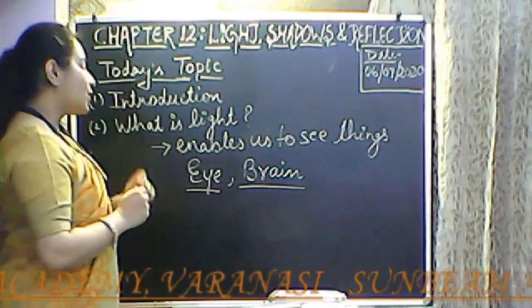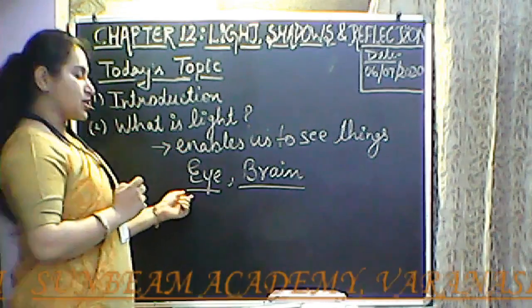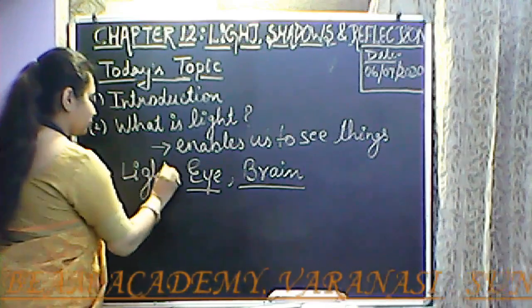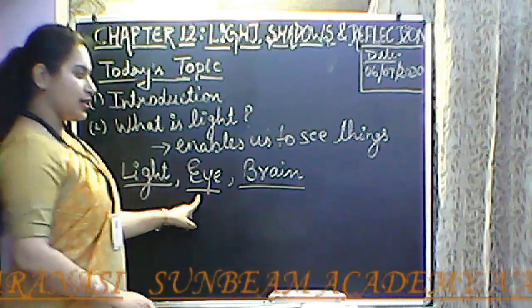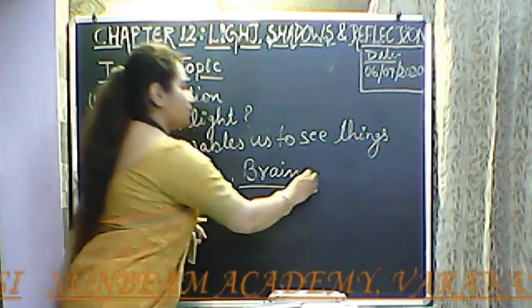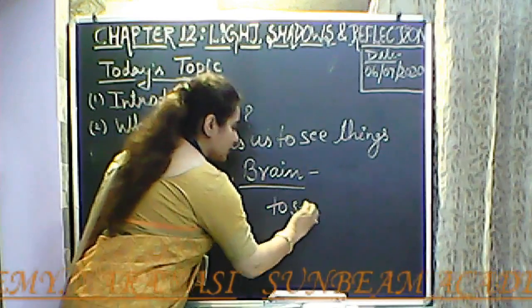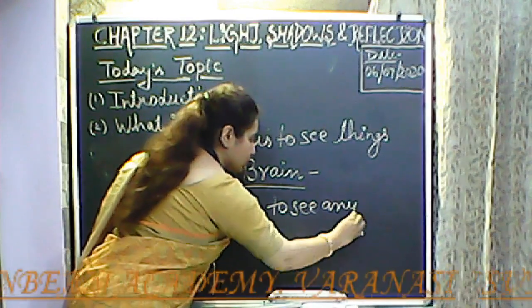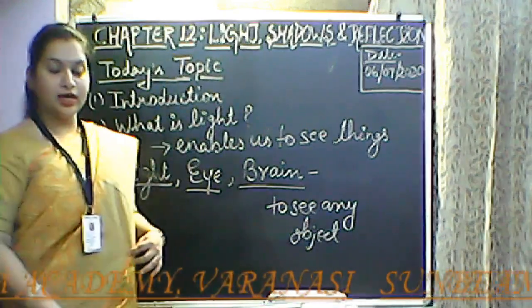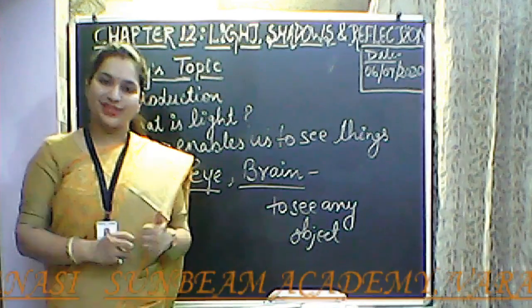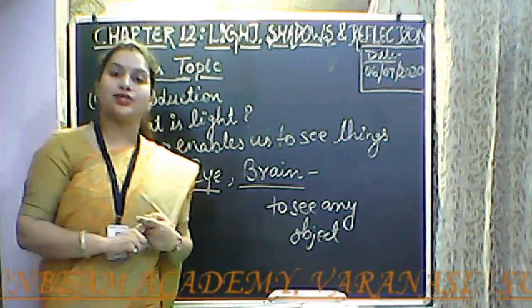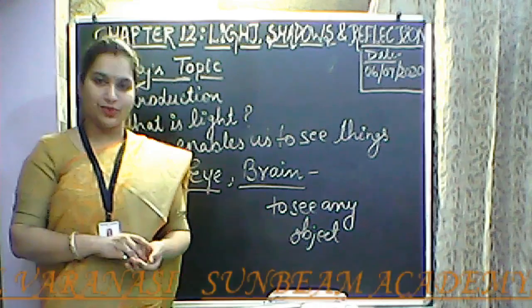So three things are important to see any object: first is light, eye and brain. Only light is not enough.